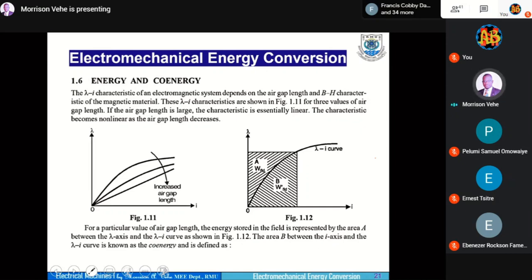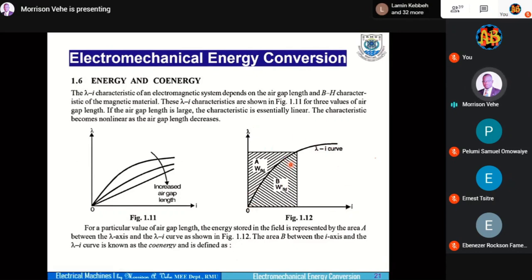Okay, so we are looking at our energy and co-energy. For a particular value of air gap length, the energy stored in the field is represented by the area A in figure 1.12, between the lambda axis and the curve, which is the lambda-i curve, because we are dealing with lambda and i.